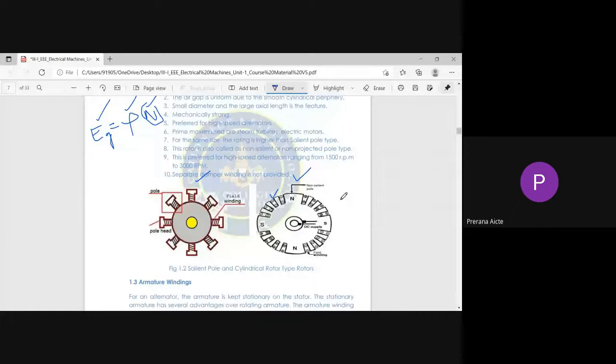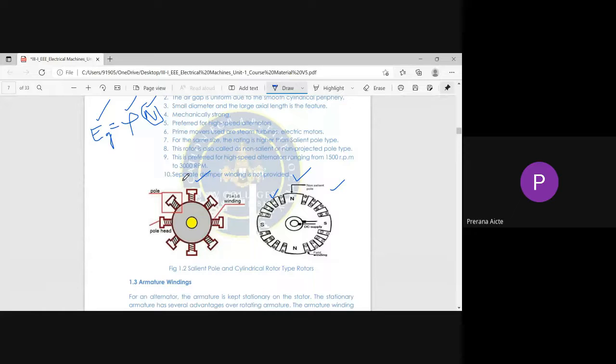So this is the rotor construction. Coming to the salient pole synchronous generator, the poles are mounted physically on the rotor surface. These poles are projected in nature. Because of these projecting field poles, the air gap between the rotor and stator is non-uniform.